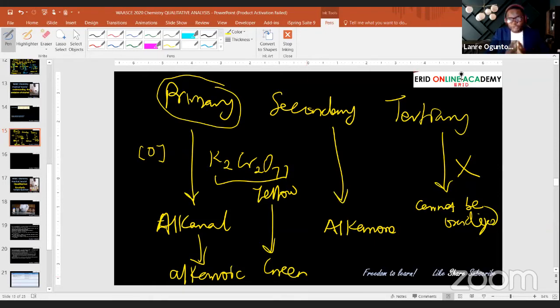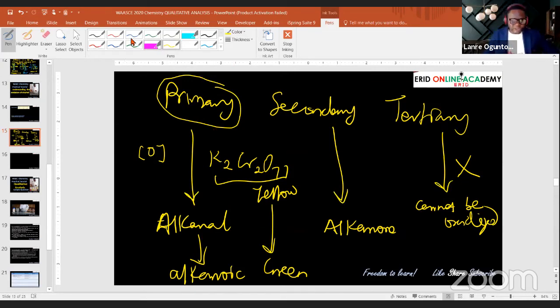So in this particular experiment, if you pour potassium dichromate into your sample C and you heat it a little bit, or you put it in your water bath, and the color changes from yellow to green, that tells you that your sample is a primary or a secondary alcohol. So this is the theory behind the oxidation of alcohol.